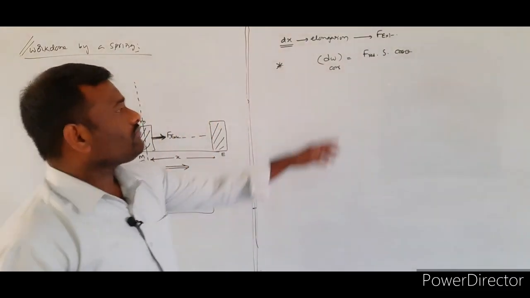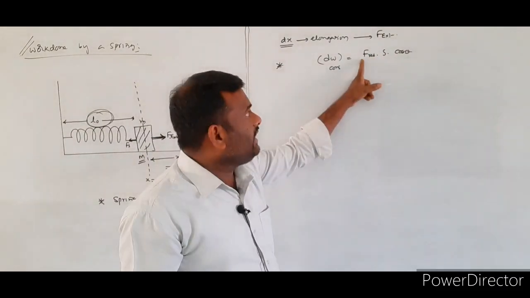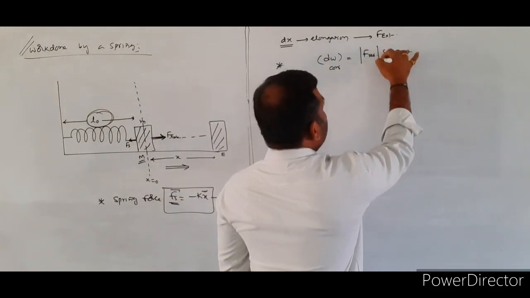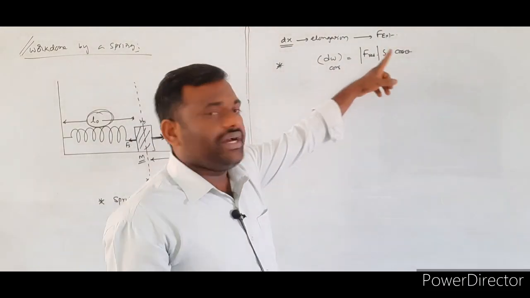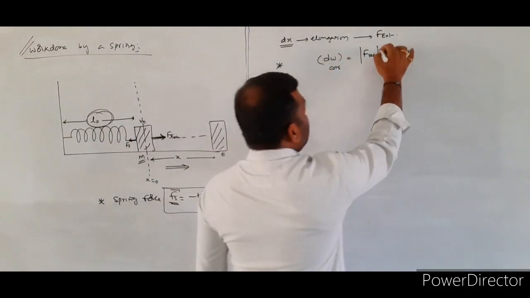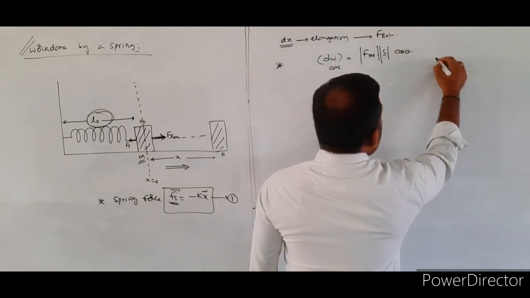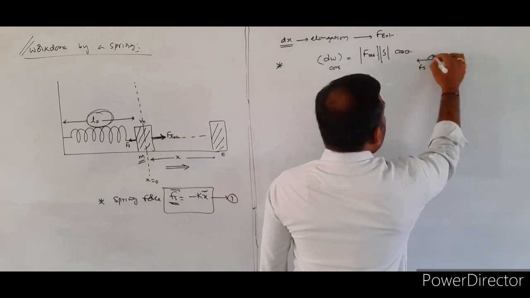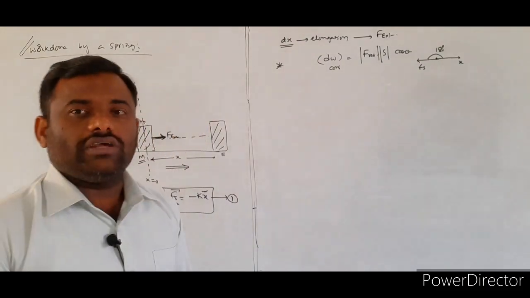See here, F restoring, S, cos theta. F restoring indicates the magnitude of the restoring force, S indicates the magnitude of the displacement, and theta indicates the angle between the restoring force and the displacement.